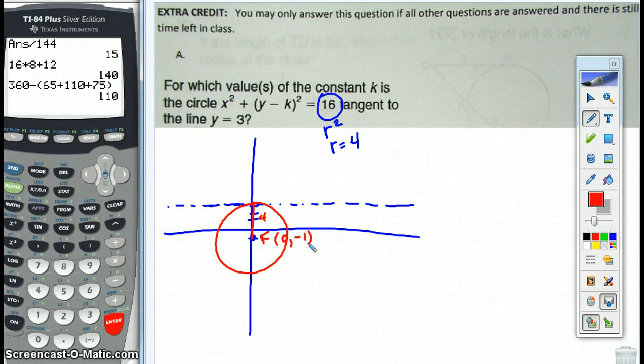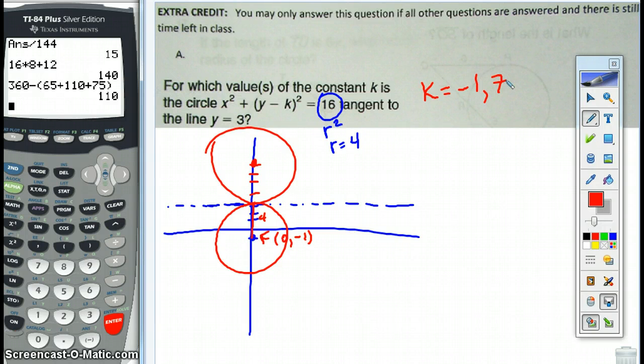So that k can be -1. But also we can do another circle above it. So we're here at 3, 4, 5, 6, 7. I put the center of my circle there. And there's another circle that is tangent to the line y equals 3. So k can be either -1 or 7.